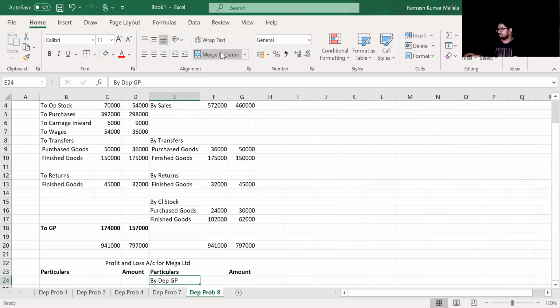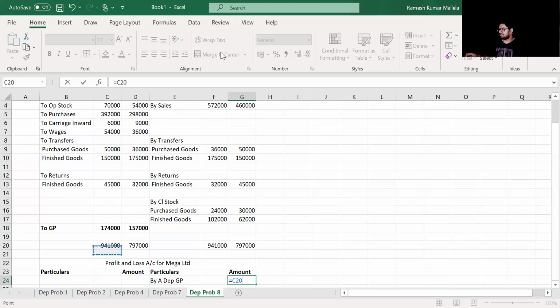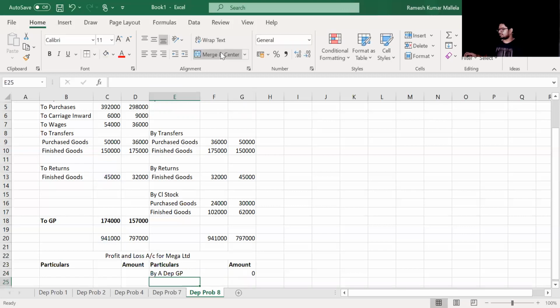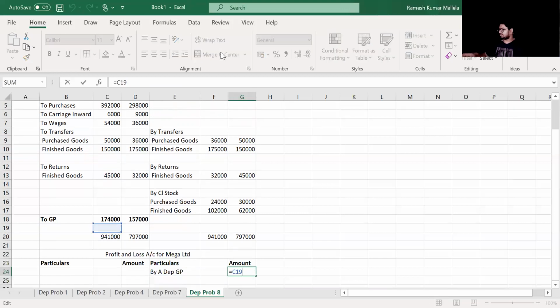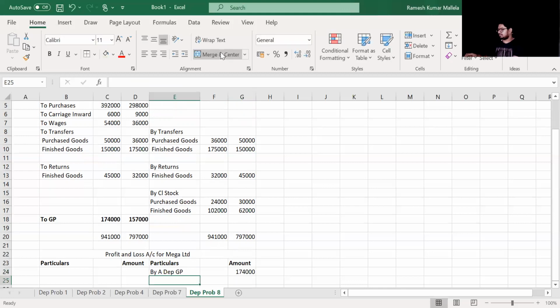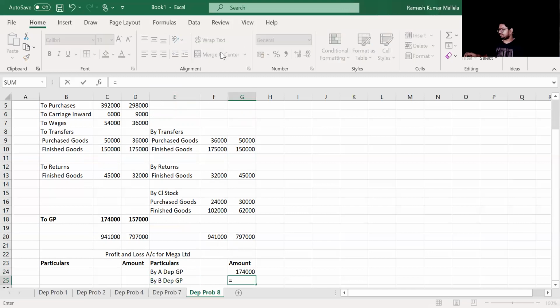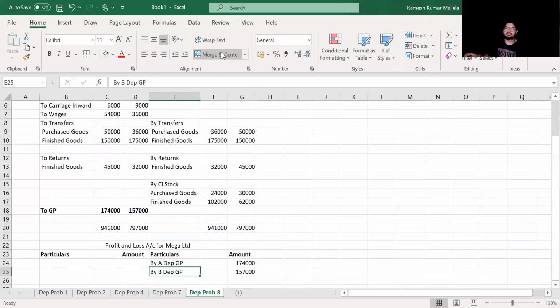First you have department A gross profit, which is 1,74,000. Okay. Department B gross profit, which is gonna be 1,57,000. These are your gross profits.